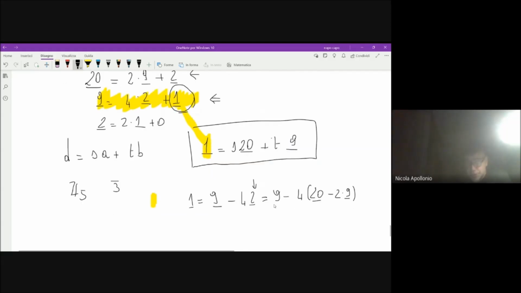I forgot the underline here. Let us do this simple calculation. 9 minus 4 times 20 plus 8 times 9. Let us group.